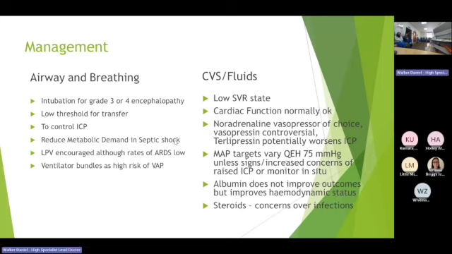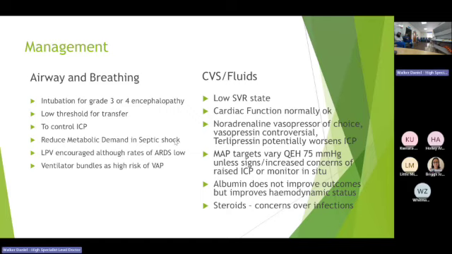MAP targets, it's a bit like neuro in many ways. You target a CPP, a cerebral perfusion pressure. Generally, King's use 75 unless there were other considerations. So 75 is standard, which is a little bit lower than you do for your neuro patients, where you'll be looking at 80 to 90.